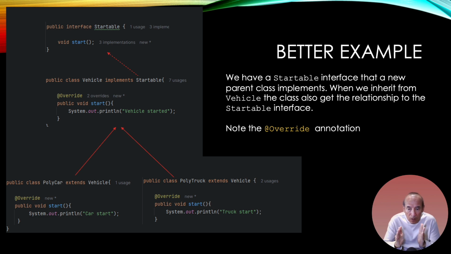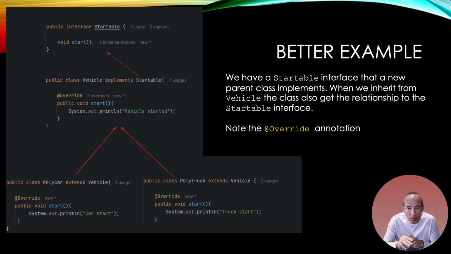A polymorphic car and a polymorphic truck, they both have a start method that is inherited from their parent, which is a vehicle. Now, I want to take that one step further. You've seen this before with things like animal and bear and a cat. But what if the vehicle was the one that implemented the startable interface?